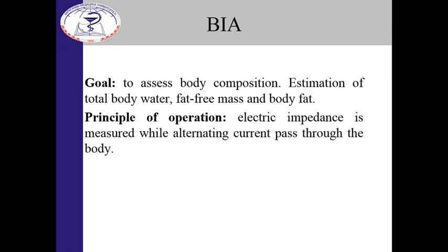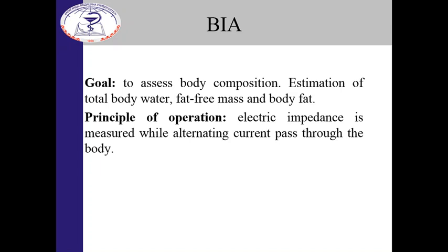We approximately recalculate the supposed ratio between these components according to the changes of impedance in the body. So we just plug a couple of electrodes onto the human body. Typically, one electrode goes on the hand, another on the foot, and we measure overall impedance from the limbs and trunk.